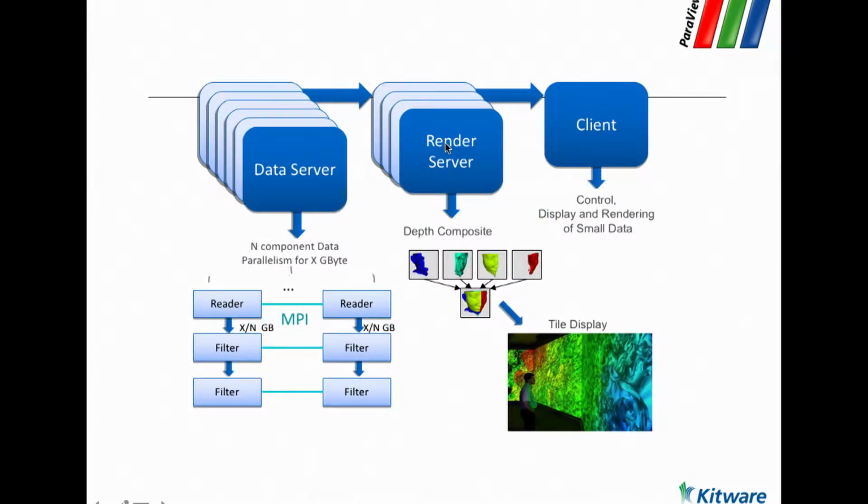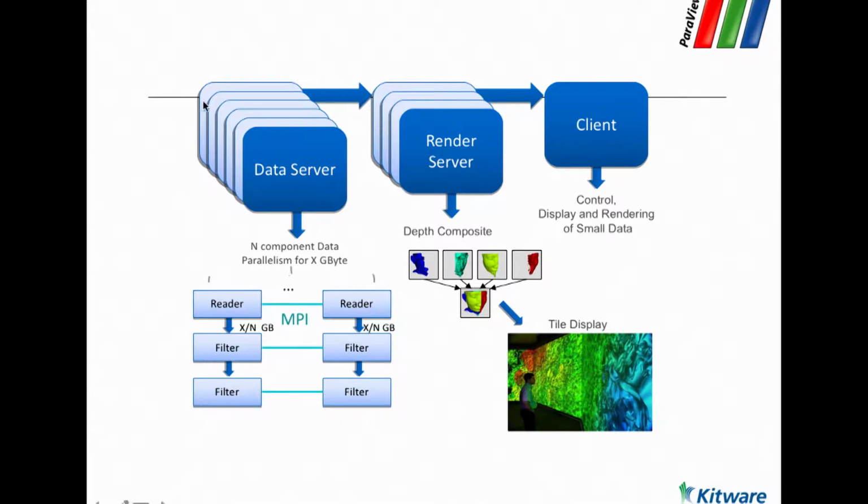This gets into more details on how ParaView is structured. ParaView, the program that you've been using so far, has all three of these components in it: the data server, the render server, and the client. When you run in standalone mode, you have all of them in the same program. When you run on these parallel machines, the data server and render server run on the parallel machine, and the client runs on your laptop.